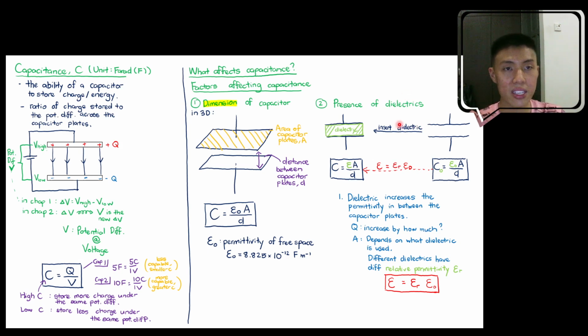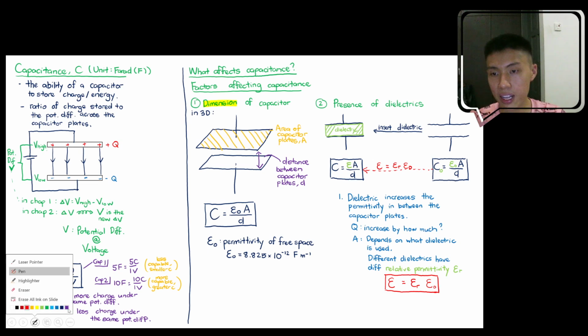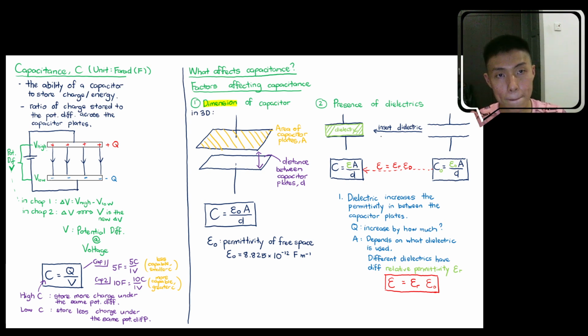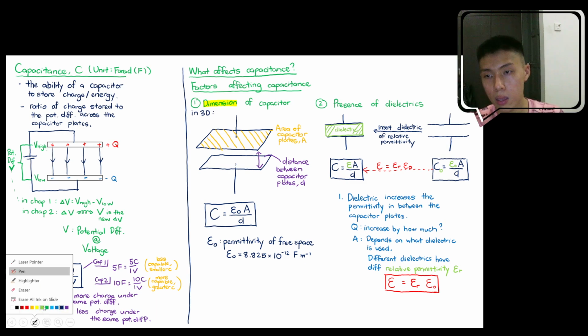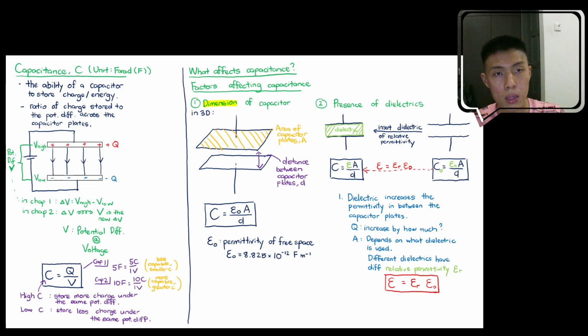Every single dielectric that we insert has a value of epsilon r. So this will result in a change of the permittivity.